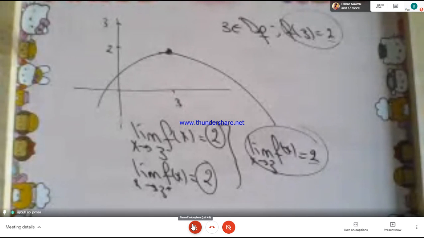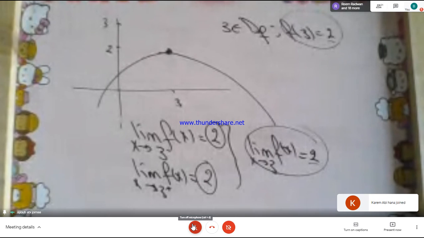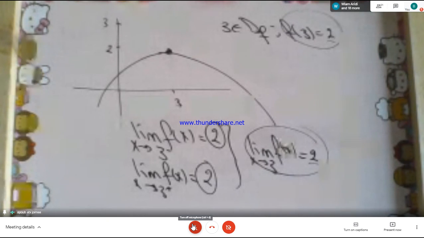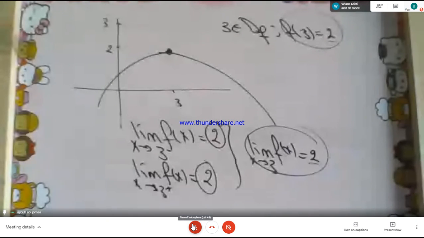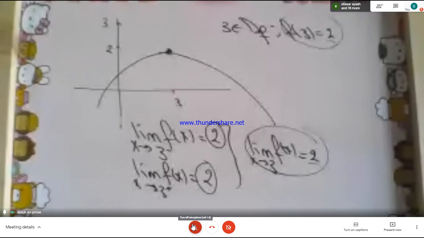The limit as x approaches this number is defined. And three, the limit as x approaches this number is equal to f of this number. And limit as x approaches a should be equal to f of a in order to say that the function is continuous. Okay? Is that clear?